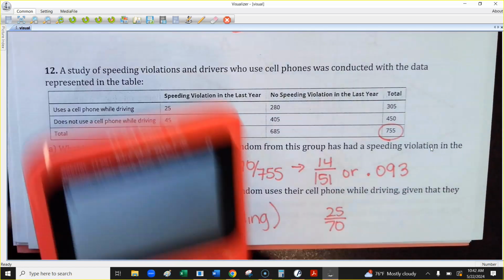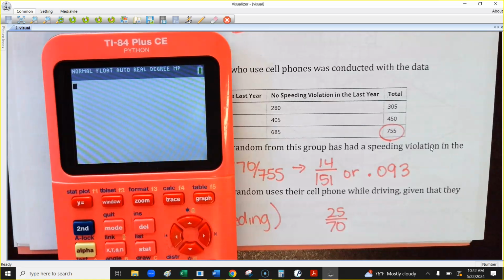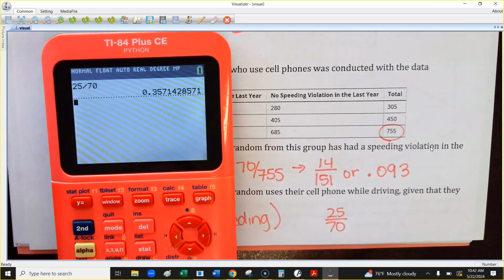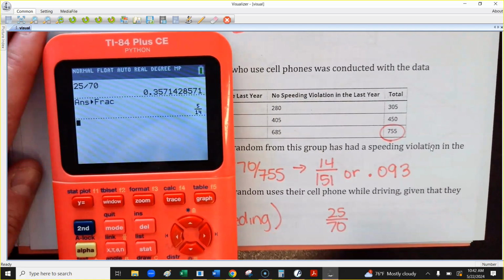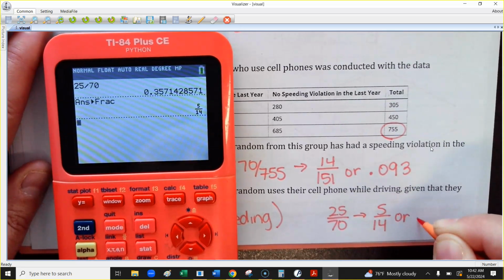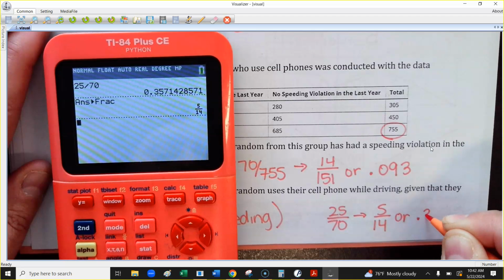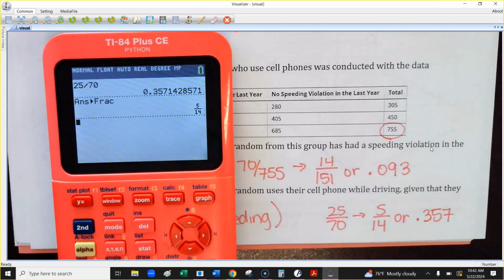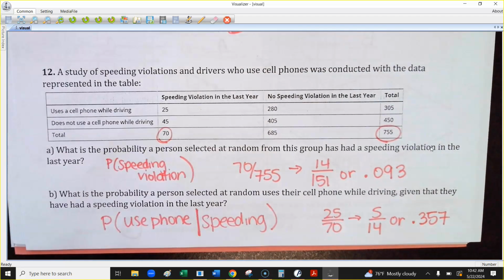It could be you just use a column or you just use a row. What does this reduce to? And it says 5/14 as a reduced fraction, or as a decimal, I'm going to go 0.357, so about 35.7%. And I just can't remember how the multiple choice is on the test, but one of those two. None of them ask for a percentage.